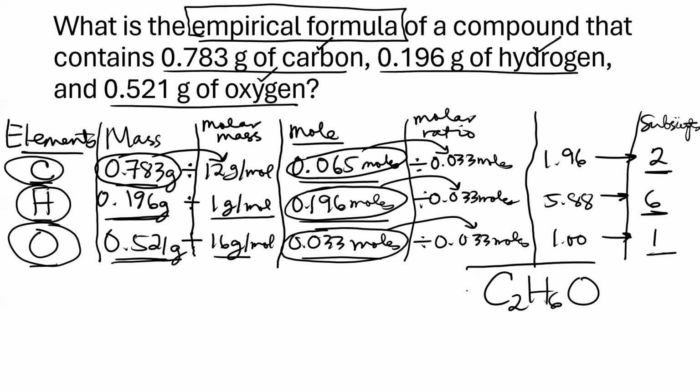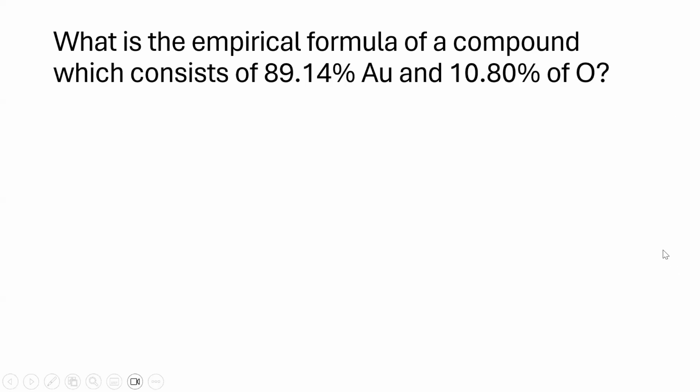So in our first example, the empirical formula of this compound with these masses of the elements given here would be C2H6O, right? I hope that's clear. If you have any questions, please write them down in the comment section and I'll address them as soon as I can, all right? Now let's go to the next problem.